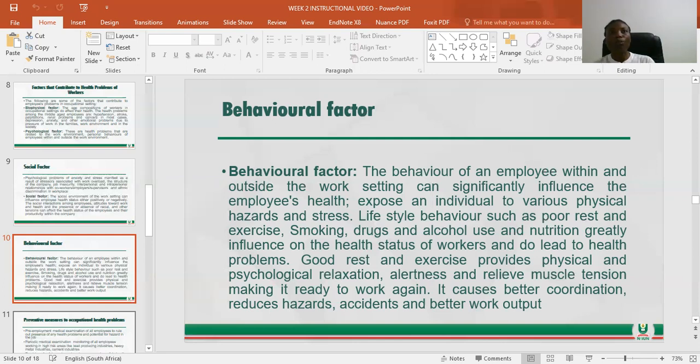Either you are dozing at the time of operation of the machine and you get injured.